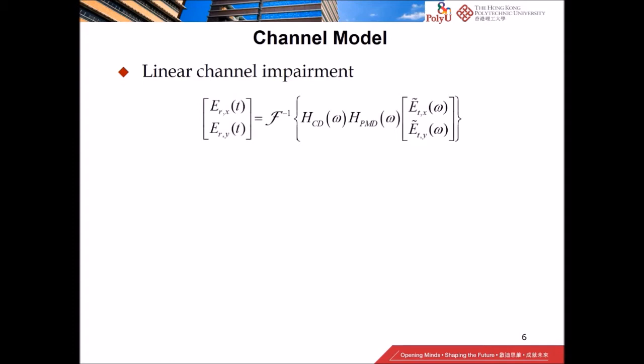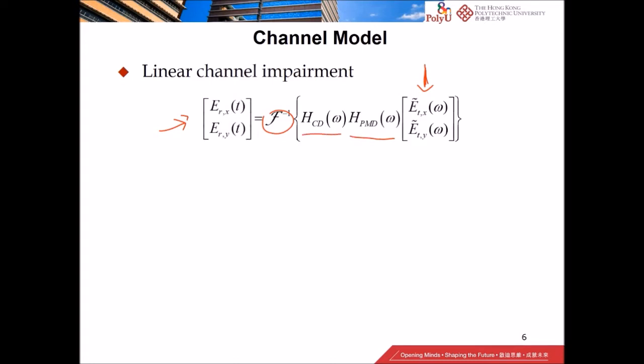Now, this is the standard polarization multiplexed optical transmission system. The received signal in the X and Y polarization is the inverse Fourier transform of the transmitter spectrum, and then it goes through the PMD effects and also chromatic dispersion.